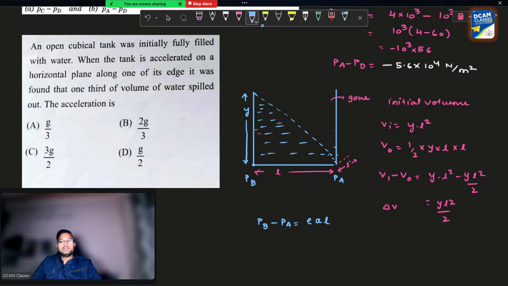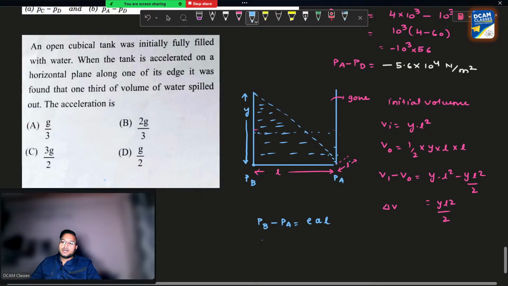But then also nothing will change. Actually, the amount of water that is going out is from this area only. See, if you want, you can take it here. So I consider tan theta is equal to a by g. Correct, you can take. Actually, I was doing that only.